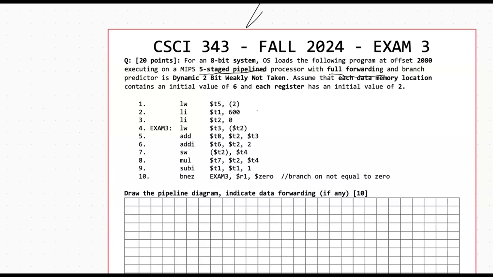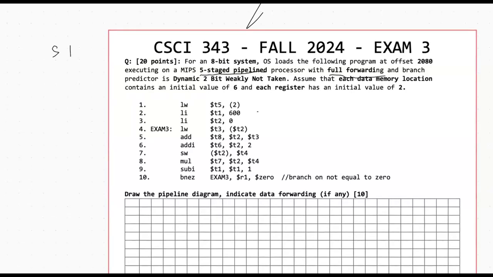The last type, which is what we're using in this case, is dynamic 2-bit weakly not taken. So with dynamic 2-bit, we have more than just 2 states. We have 4 states. And the way that we like to define this is we start out with strongly taken, we have weakly taken, we have weakly not taken, and we have strongly not taken.